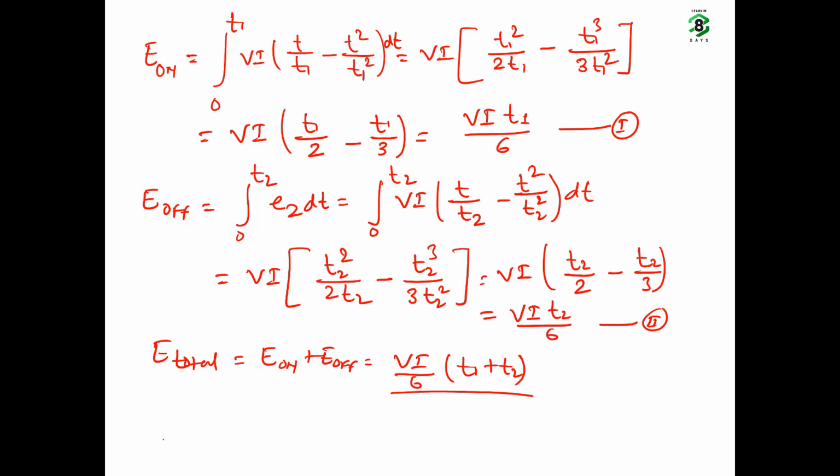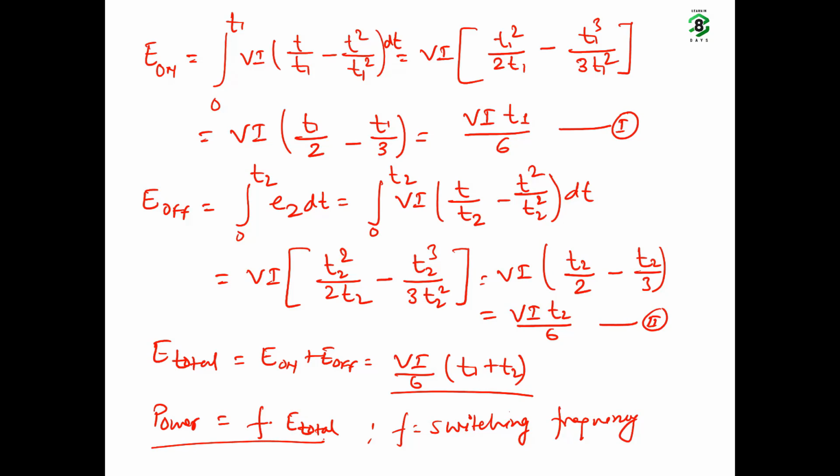If asked to calculate the power, it is frequency into E total, where F is the switching frequency. If the switching frequency is high, then the power loss will be high. If the switching frequency is less, then the power loss will also be less. In this way we will calculate the power and energy.